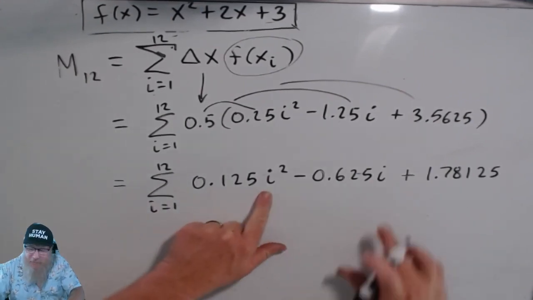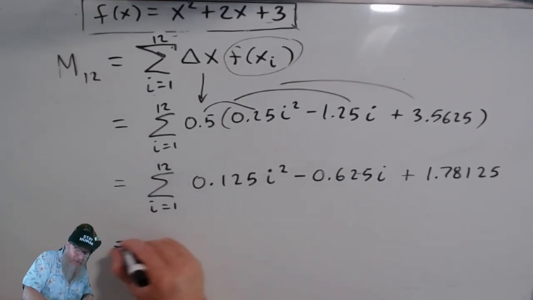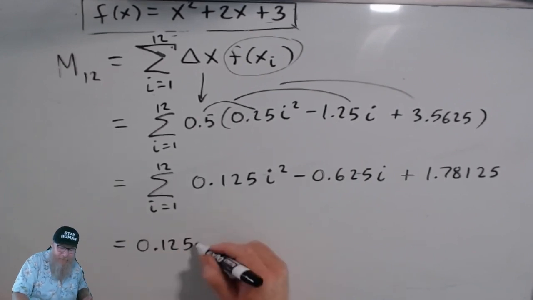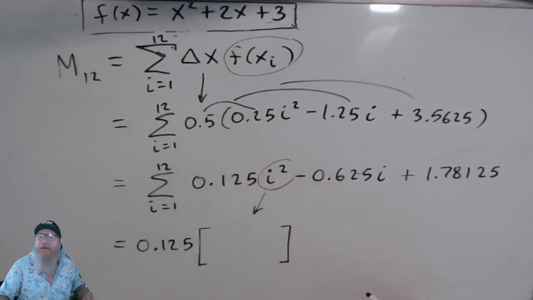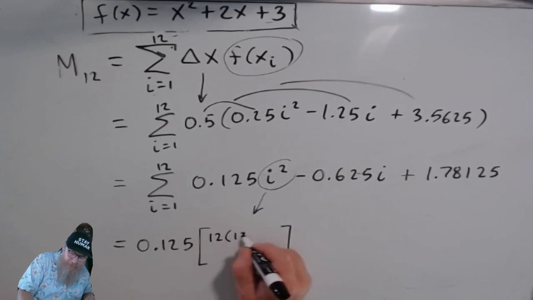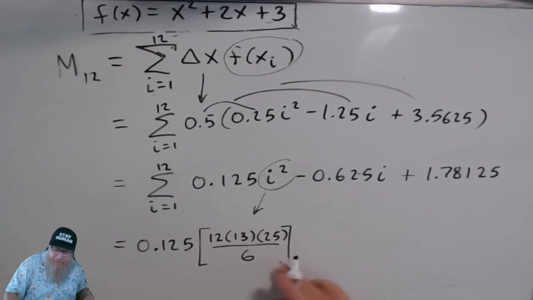And now here's where those formulas come in, those tips and tricks for adding up these rectangles. Instead of actually adding up 12 rectangles, I can use the formulas, pull out the constant, then multiply by the recipe for i squared, which you have hopefully written down. It's the same as it was last time. It's 12 times 13 times 25 all over 6.